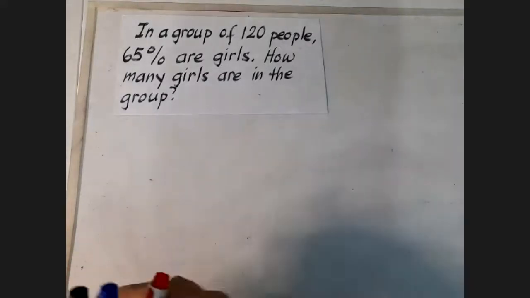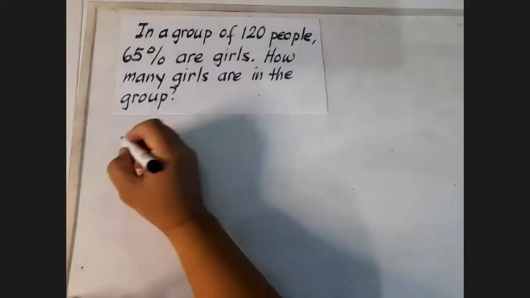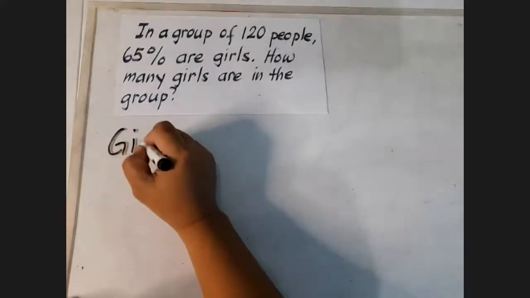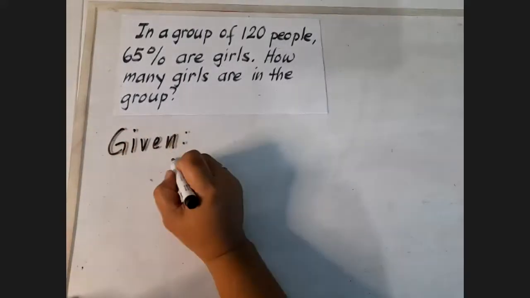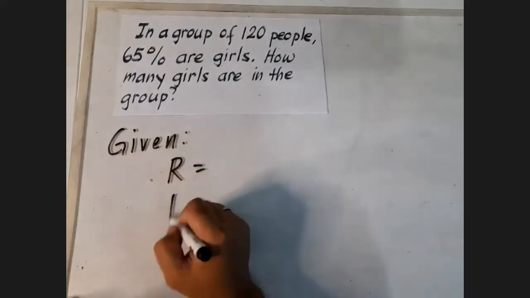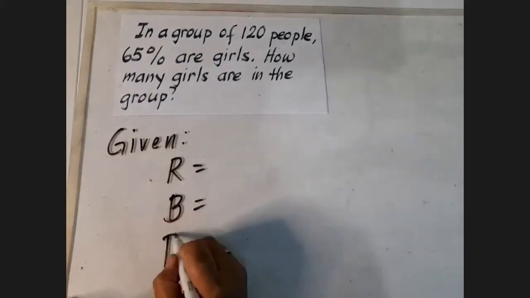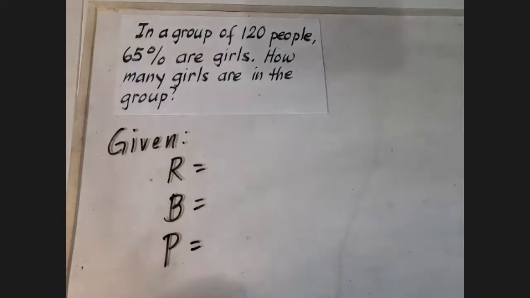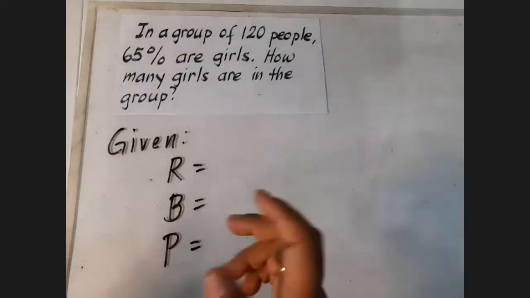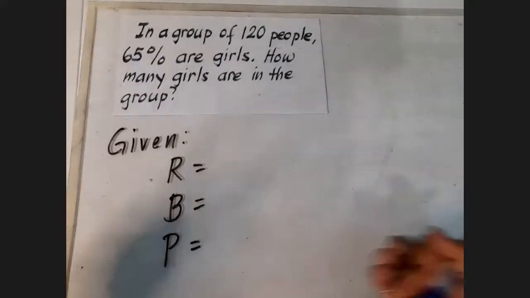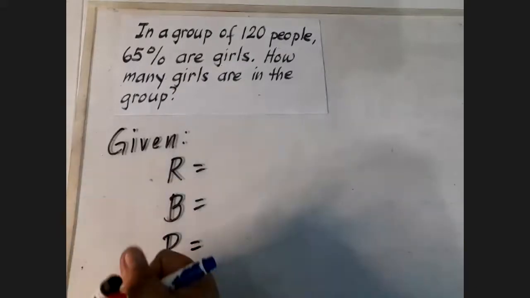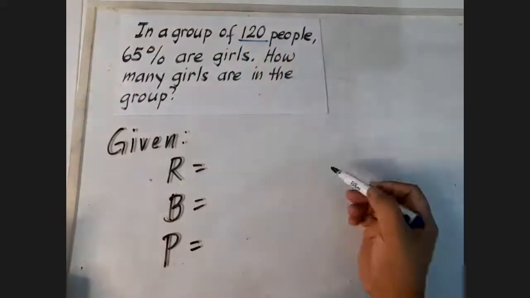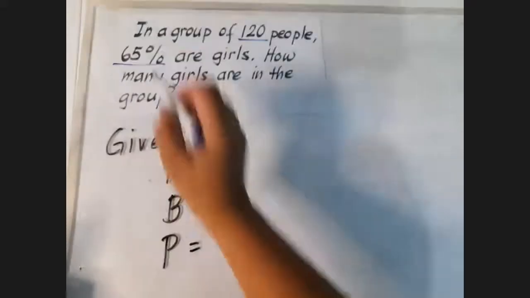Siyempre, ganun pa rin. We write down the given. We have the rate, base, and percentage. Okay? Now, what are the numbers available or given in the problem? First, we have 120. Tapos, meron tayong 65%.